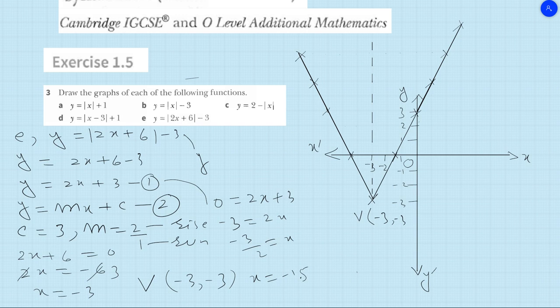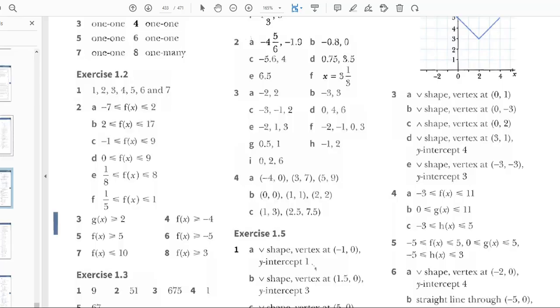So students, we have taken a long class today, but we did all parts of question number 3. In the next class, we will do more questions of the same exercise.